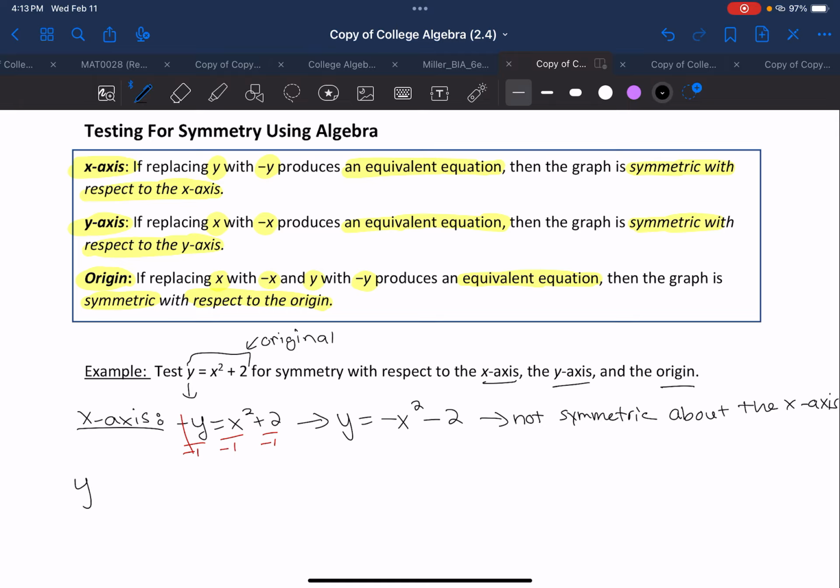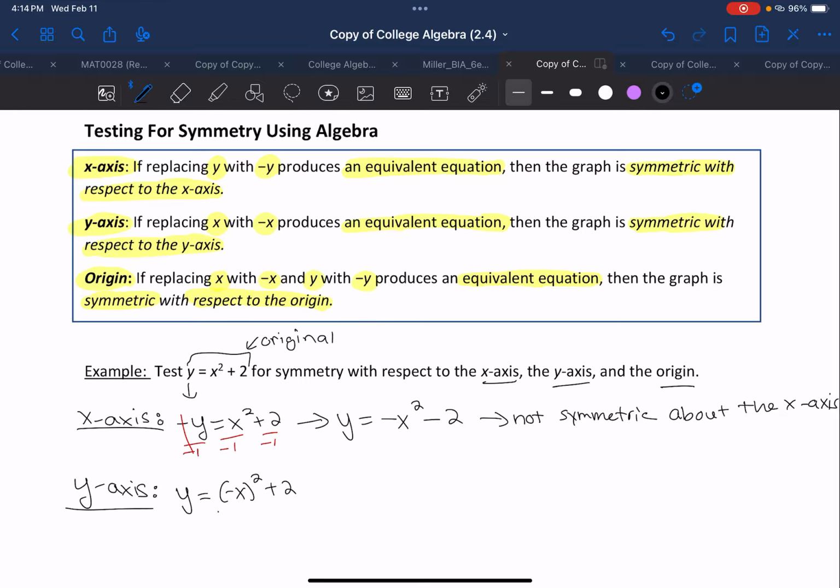And now we will test for symmetry about the y-axis. So I'm going to replace the x in the original up here with negative x. So that would be y equals (negative x) squared plus 2. Just remember, if you're plugging negative x into something being squared or cubed or having an exponent, you have to put it in parentheses.